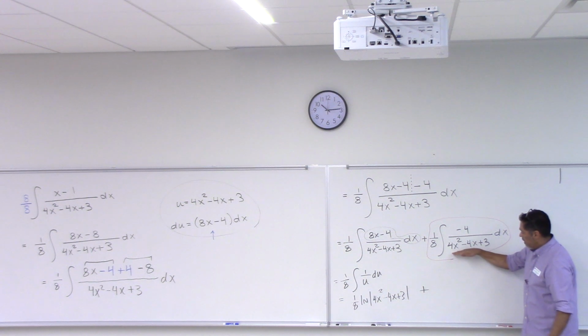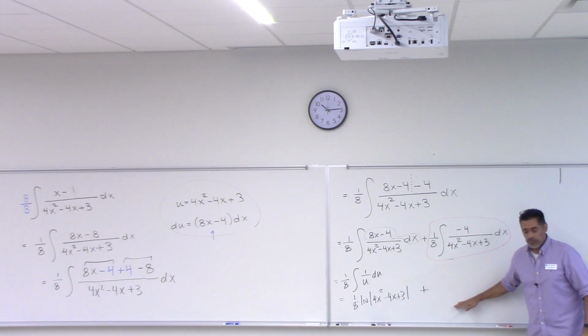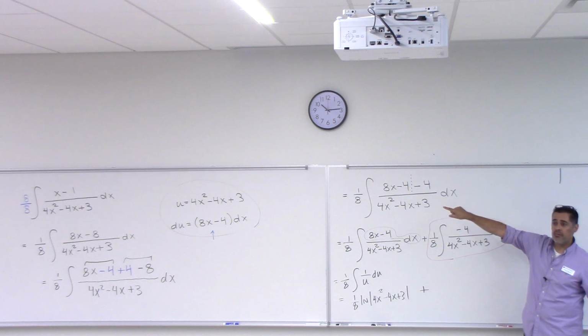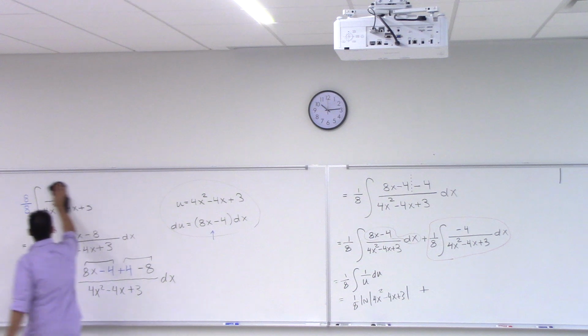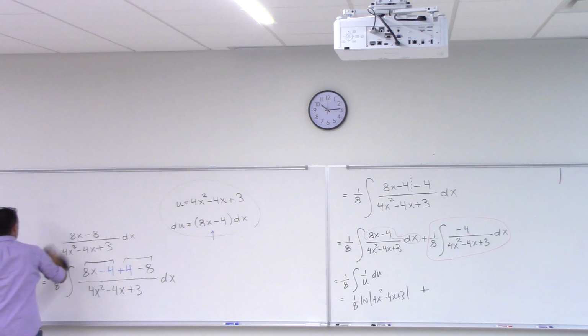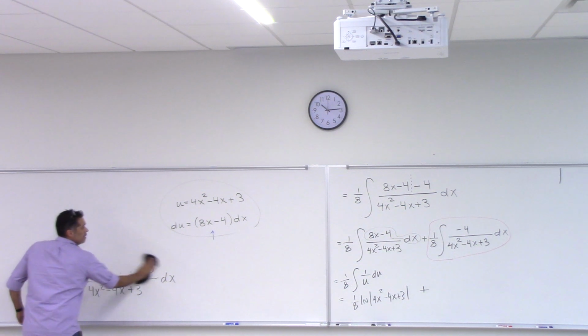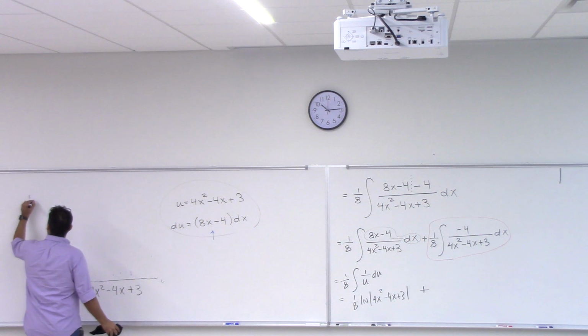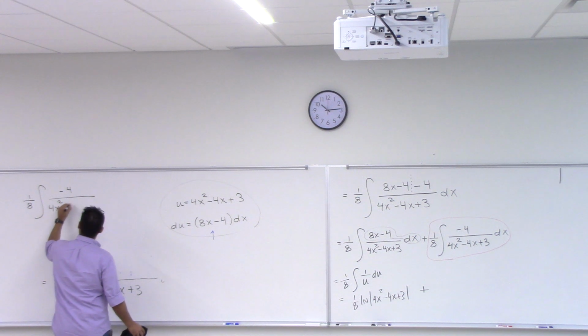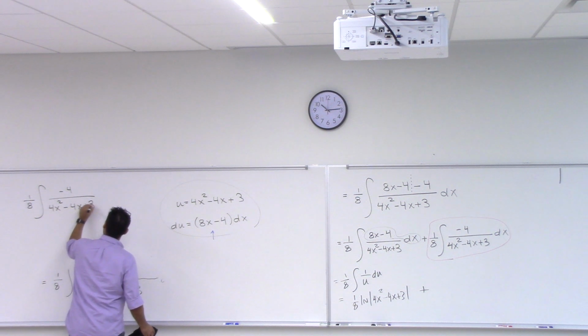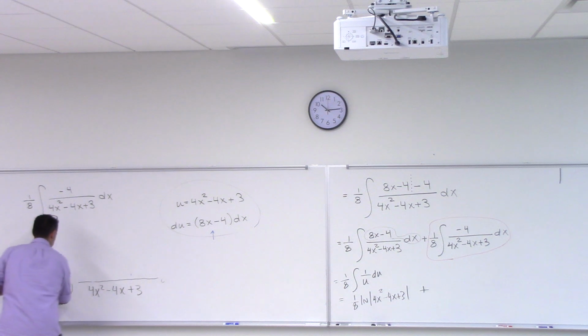And that answer, whatever it is, is going to go right here. Let's go do that over there. All right, I'm going to do some separate work. I'm treating it almost like it's its own problem. So this integral is 1/8 integral -4 over 4x squared minus 4x plus 3 dx.